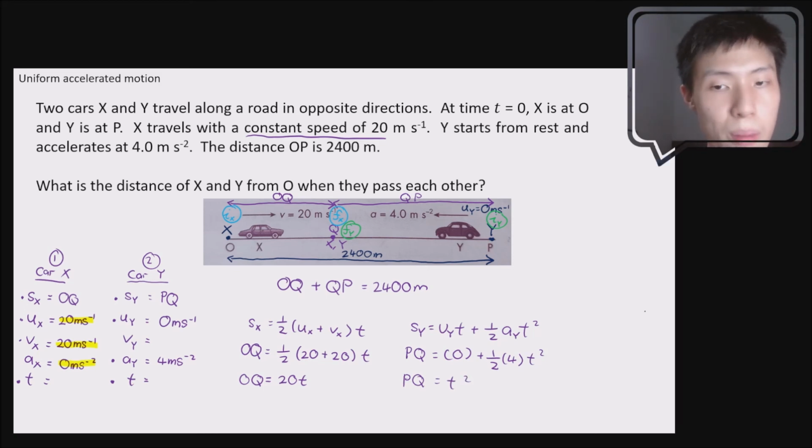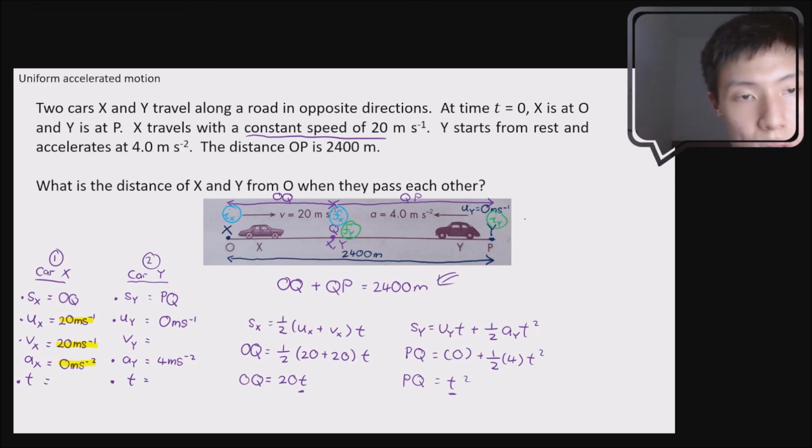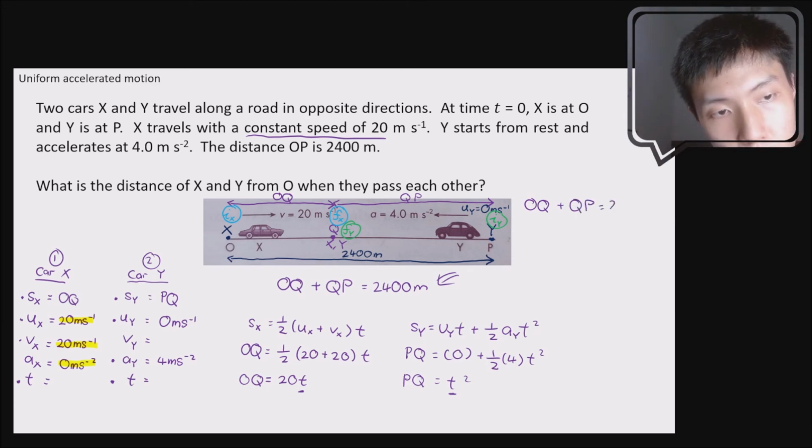Not solved yet, but never mind, because now you are left with one unknown, and you can bring this into our equation over here. So let's do that. OQ plus QP equals 2,400 meter.